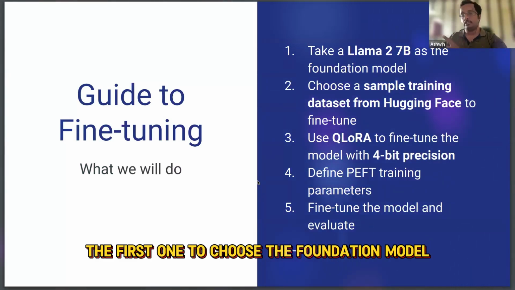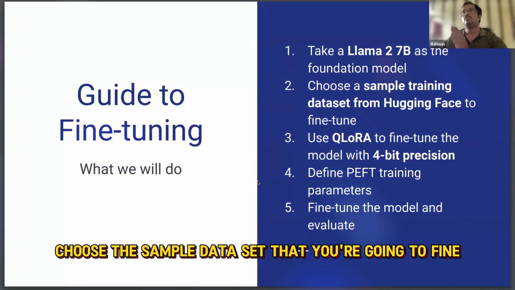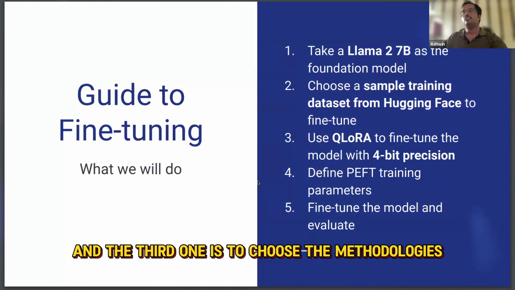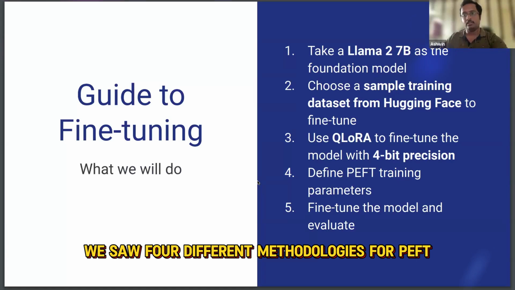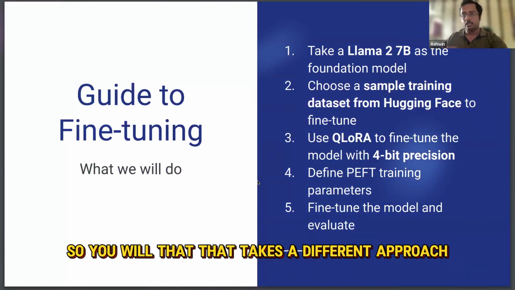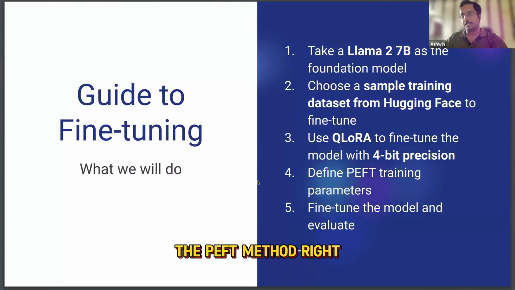The first one is choose the foundation model. Second, once you're convinced that fine-tuning is needed, choose the sample dataset that you're going to fine-tune your model with. And the third one is to choose the methodology. In the previous slide, we saw 4 different methodologies for PEFT. If you're going to do a full-fledged fine-tuning, that takes a different approach. Here we are making an assumption that we are going to use the PEFT method, right?